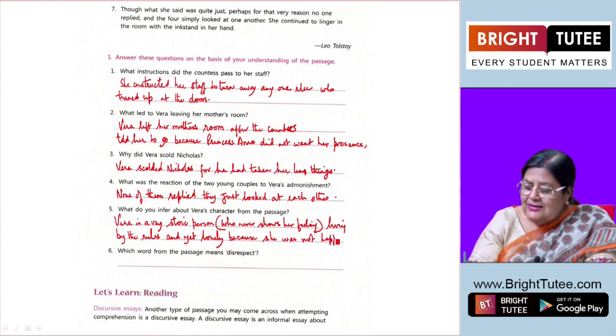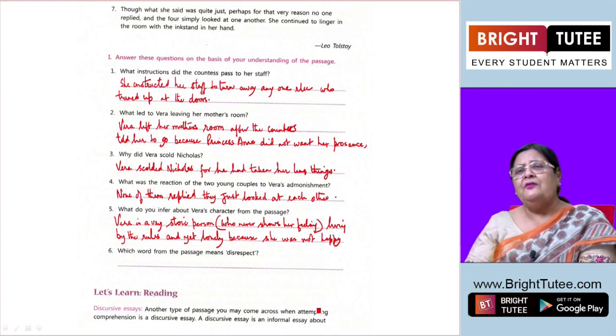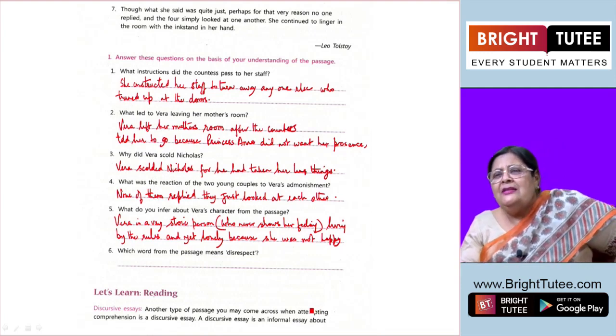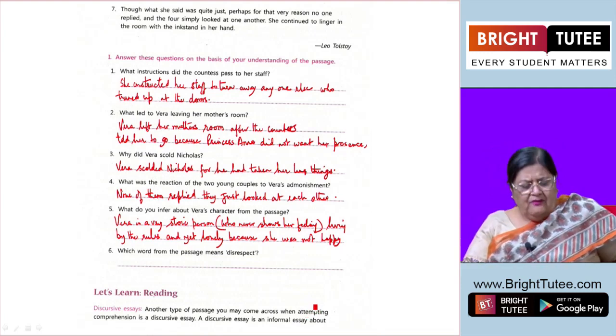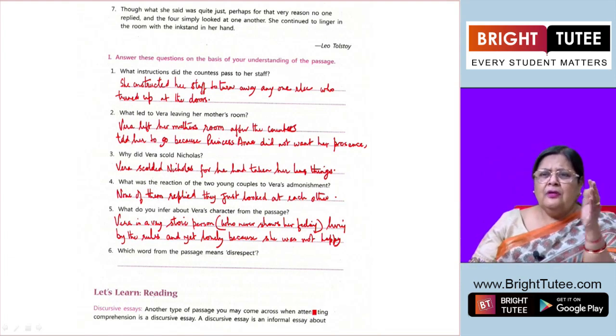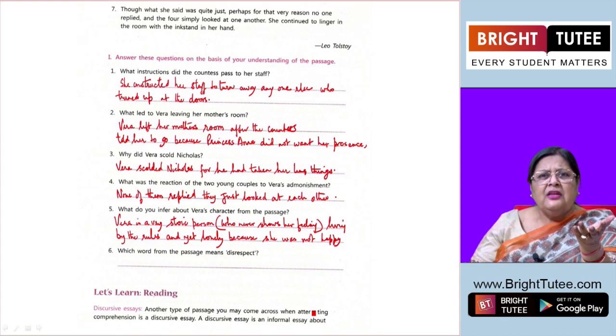So what do you find from the passage, children? That this kind of unnatural, or you can say fluctuating, behavior comes up within a person when you are not very happy with your surroundings.